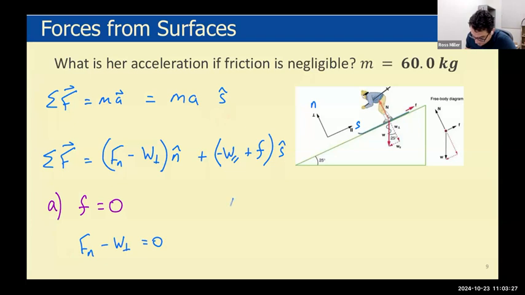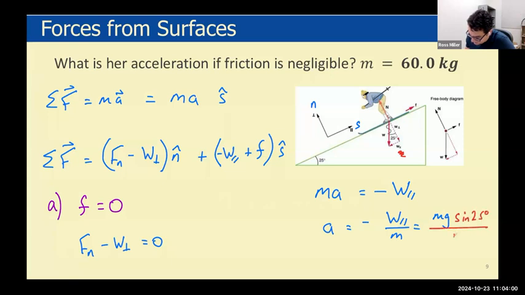And then I know that ma is going to be the negative direction for the parallel weight. So that matches up. And weight is always going to be mg, and then the parallel side is sine 25 in this case, and g is always the same number.